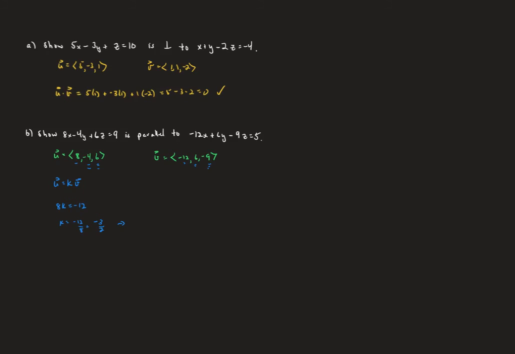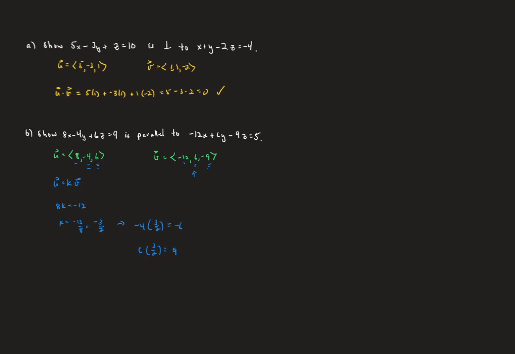So we can show that negative 4 times negative 3 halves is equal to 6, so that works for there. And similarly, 6 times negative 3 halves is going to be negative 9. Hold on, I didn't get that right. It was a negative 3/2.